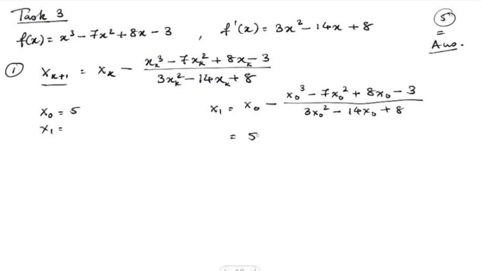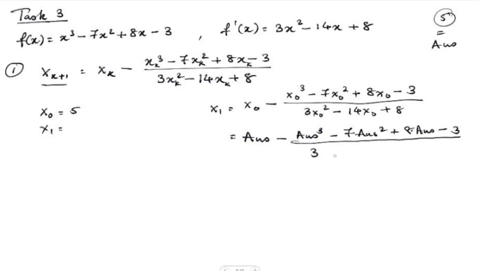Then, instead of 5, you can just write answer minus answer cubed minus 7 times answer squared plus 8 times answer minus 3, divided by 3 times answer squared minus 14 times answer plus 8.